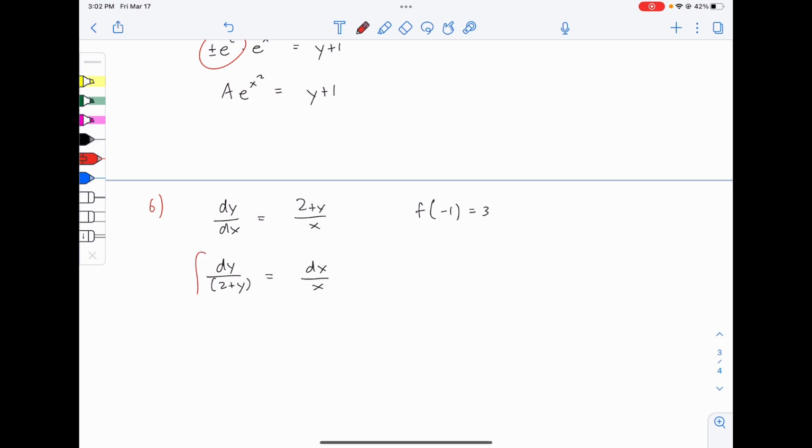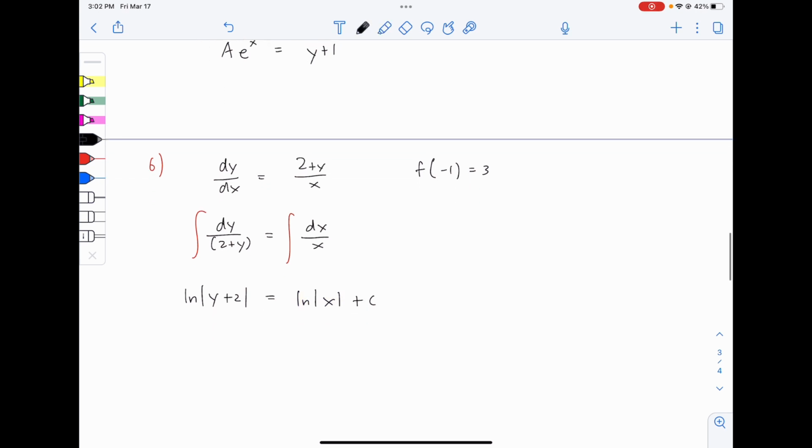Let's integrate both sides. So we have ln of the absolute value of y plus 2 is equal to ln of the absolute value of x plus c. Note that I don't actually care about the absolute value of x over here because we're not trying to isolate x. We are trying to get y by itself. I'm going to e both sides.